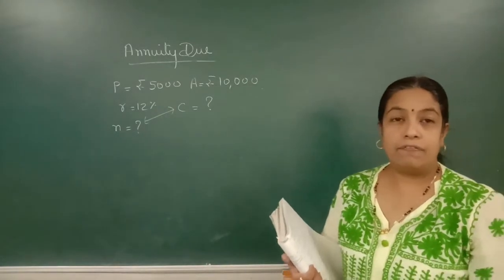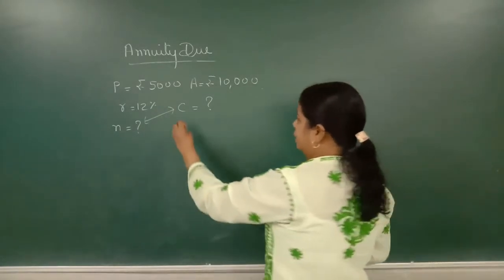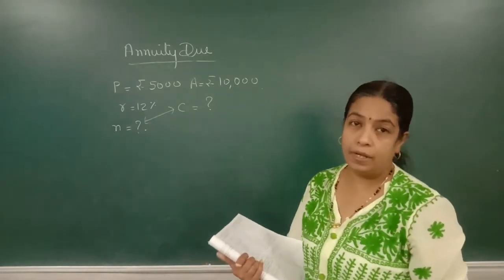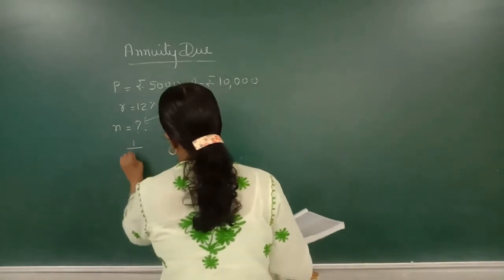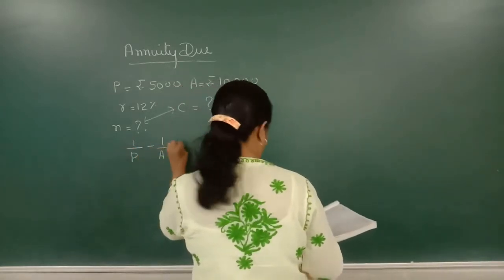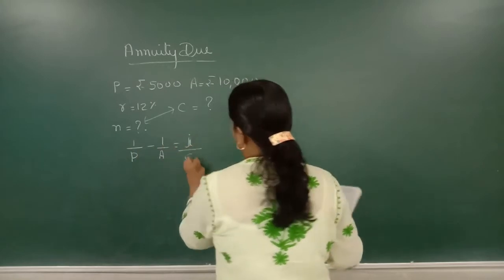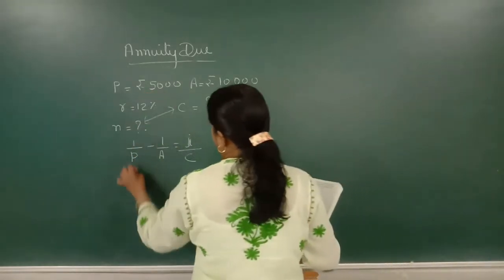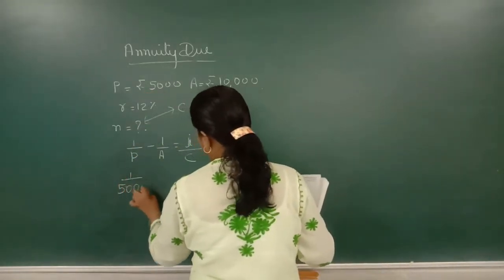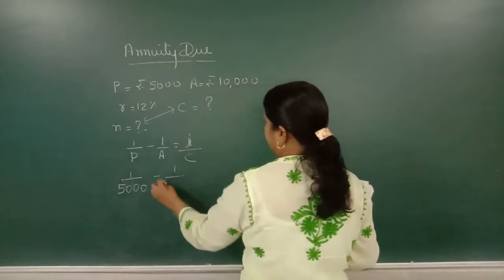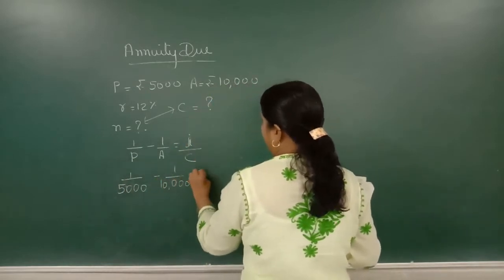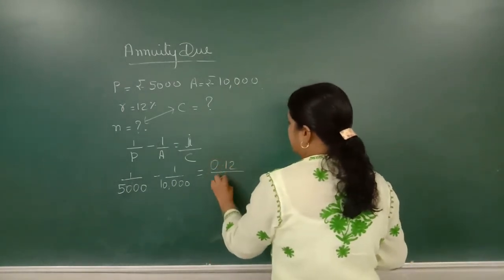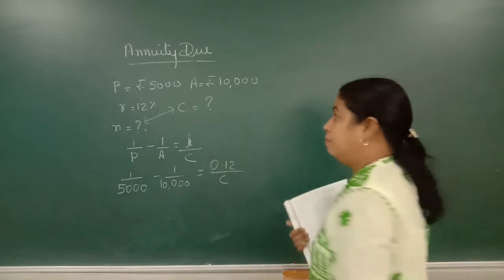So which formula is there in which n can be eliminated, without needing it? That is the relation between the accumulated value and the present value. 1 upon P minus 1 upon A is equal to I upon C. This formula we have seen. 1 upon P means 1 upon 5,000 minus 1 upon A means 10,000 will be equal to I, means 0.12 upon C, which we don't know. Now we will simplify this.